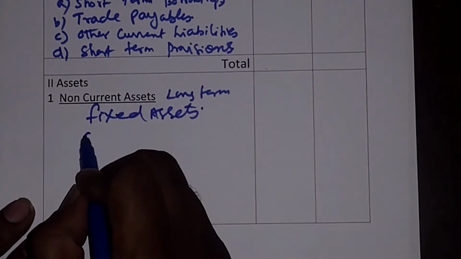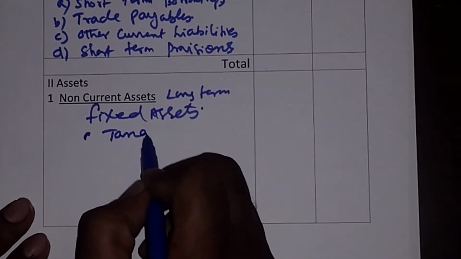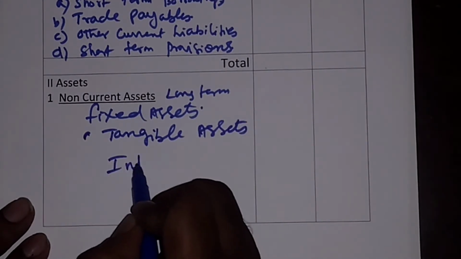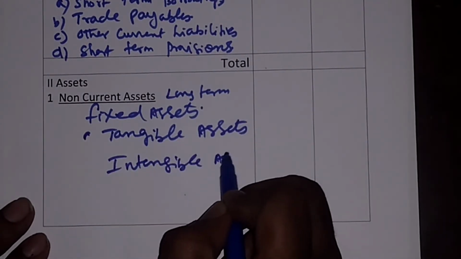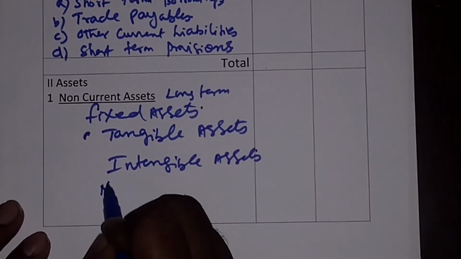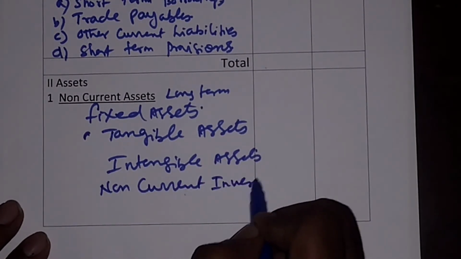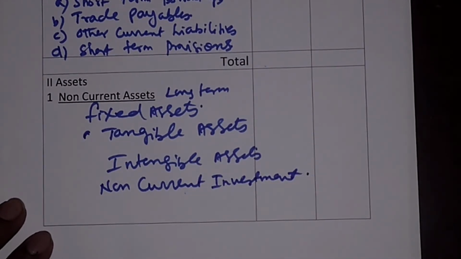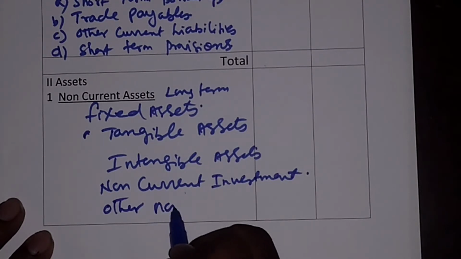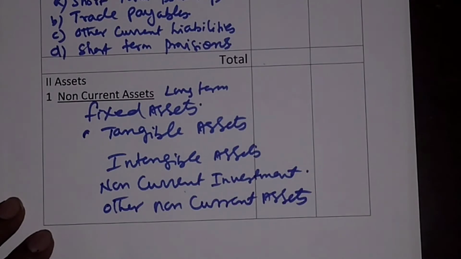These fixed assets are classified into tangible assets and intangible assets. After that, the next one is non-current investment, that is the investment for a long period of time, and another one is other non-current assets.